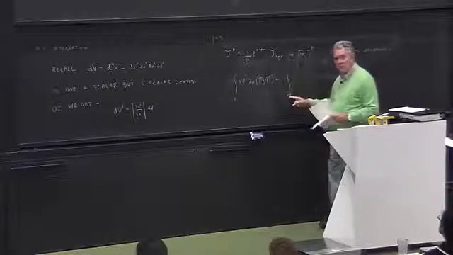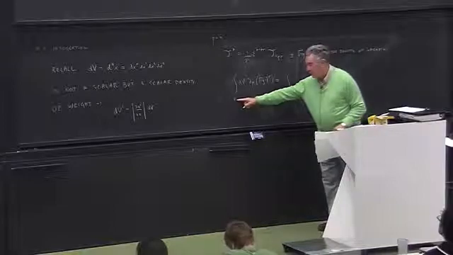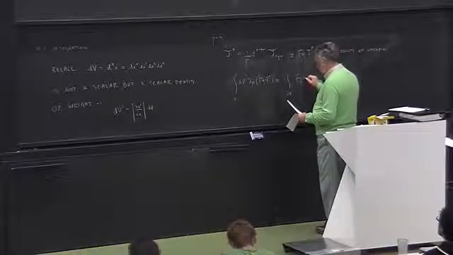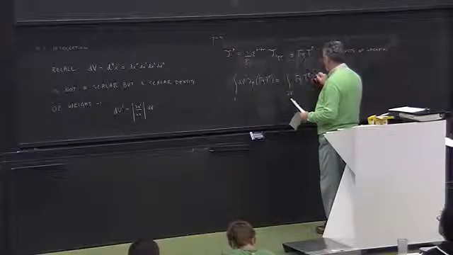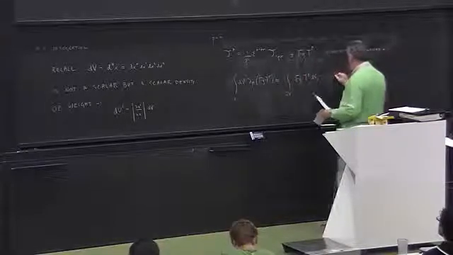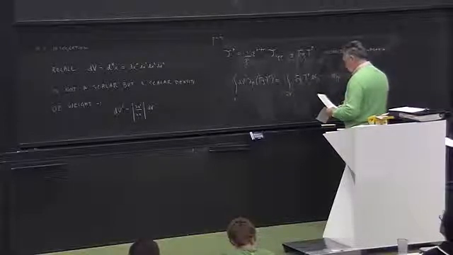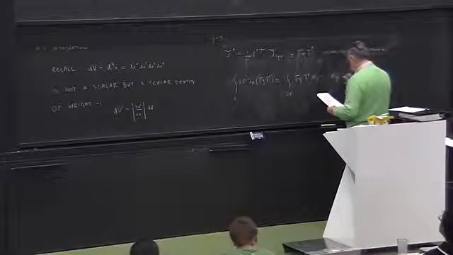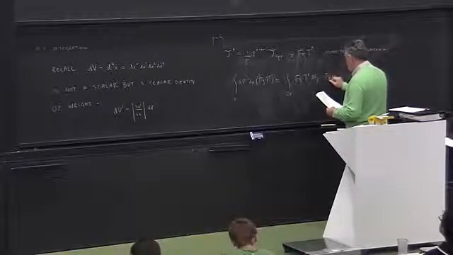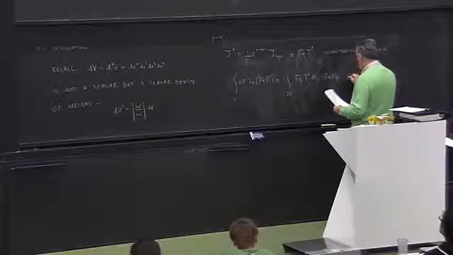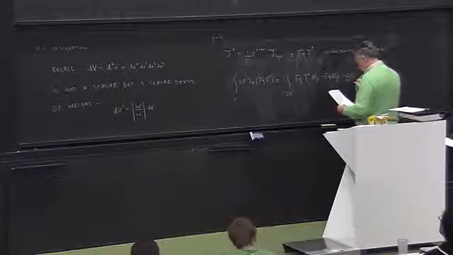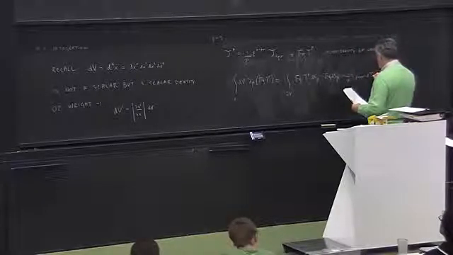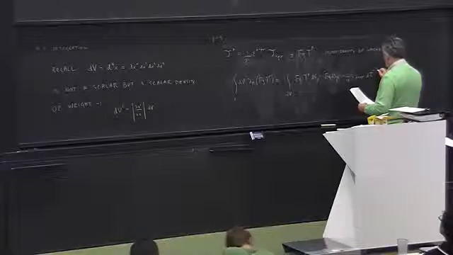This symbol means the boundary of this volume V, root minus g t mu ds mu, where ds mu root minus g equals 1 over 3 factorial epsilon mu nu rho sigma d tau mu rho sigma.